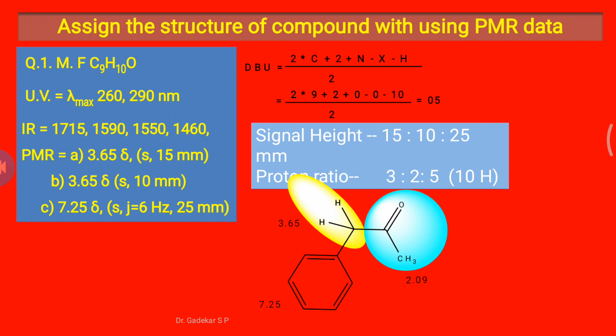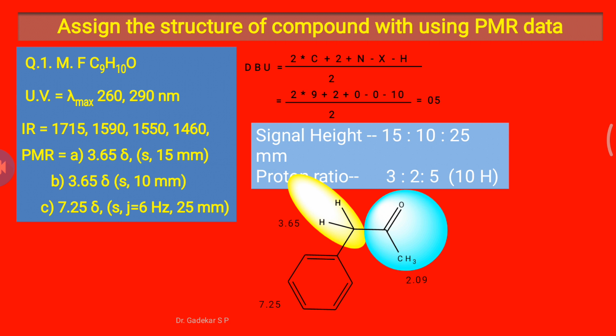So IR radiation is absorbed at 1715 centimeter inverse, the first peak. Second peak 1590 centimeter inverse. Then 1550, 1460 centimeter inverse. So this information indicates the presence of a functional group.